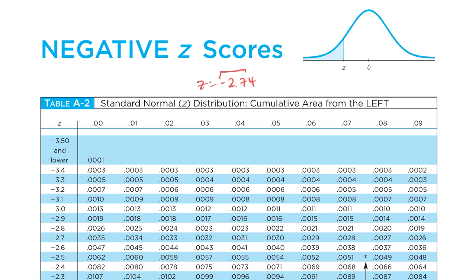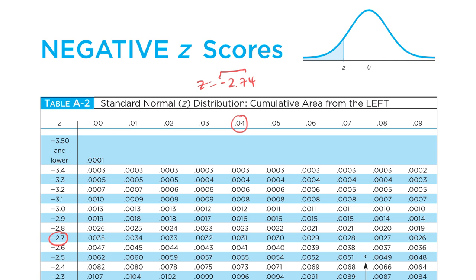And so again, we first go to the first column and find negative 2.7. To complete this, we would go to the first row and find 0.4. 4 is in the hundredth place. It is found in the first row. And 0.04 together with negative 2.7 will give us a z-score of negative 2.74.